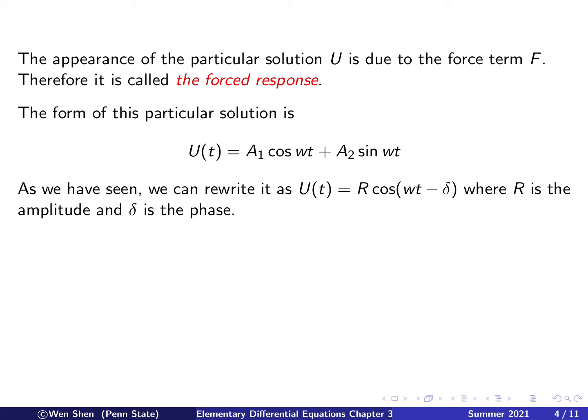As we have seen previously, a solution like this can be written as a cosine function with an amplitude R and with a phase shift delta.